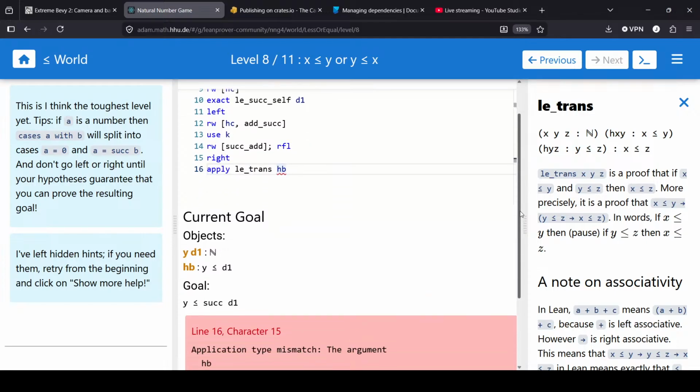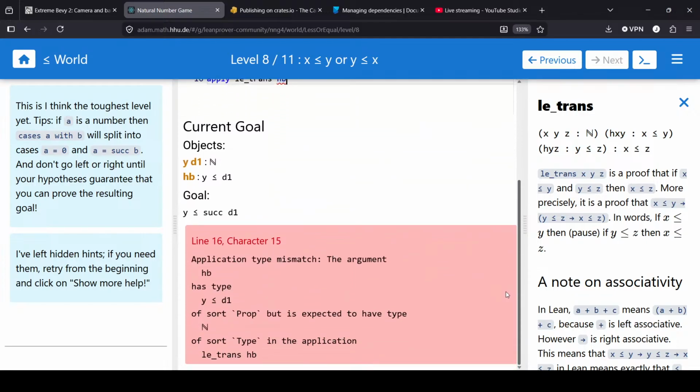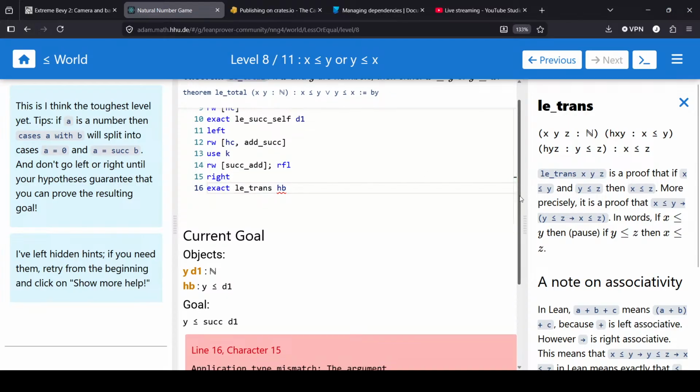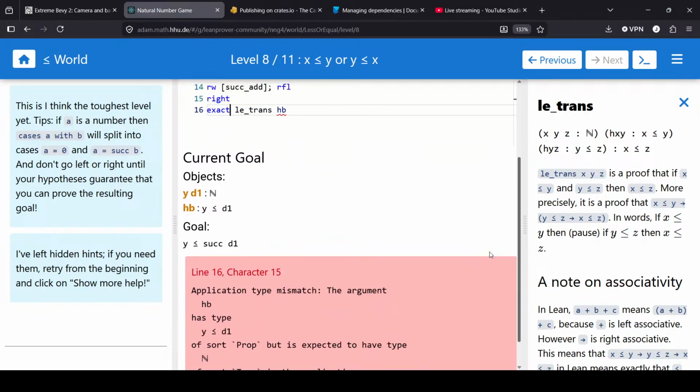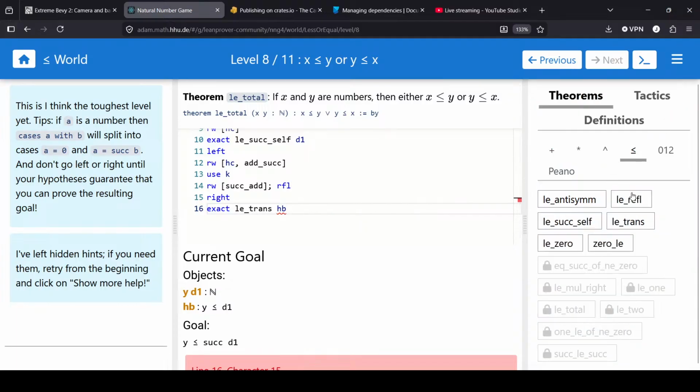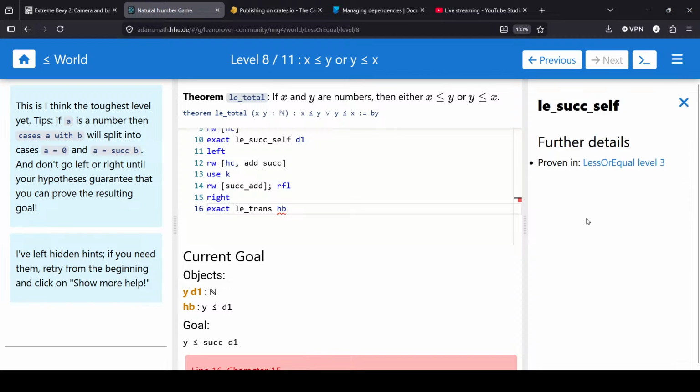Oops. No, I feel like there's a thing I can do with u. And then I would need to prove that d1 is less than or equal to successor of d1, but I could do that with this.